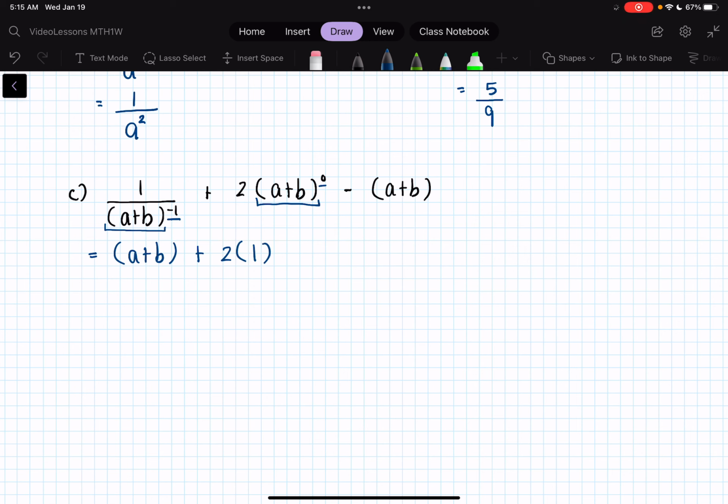However, you have to remember that this 2 is not affected by the exponent. That exponent 0 is only touching the base.